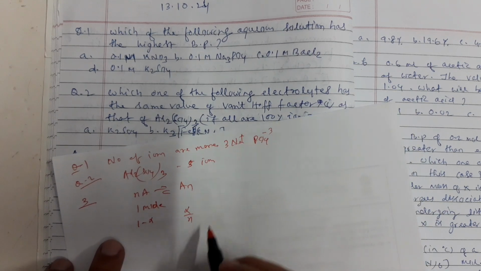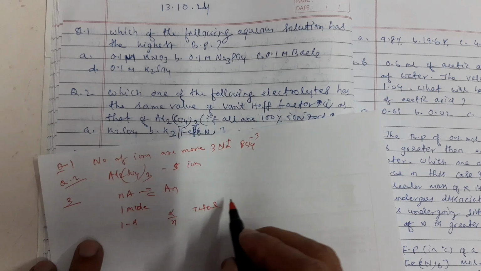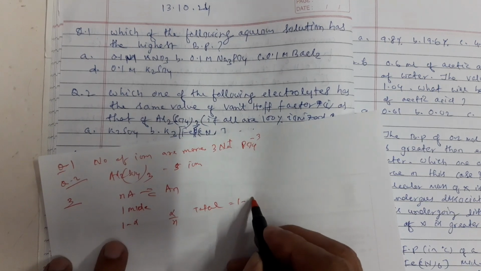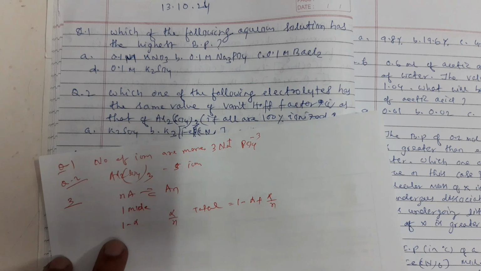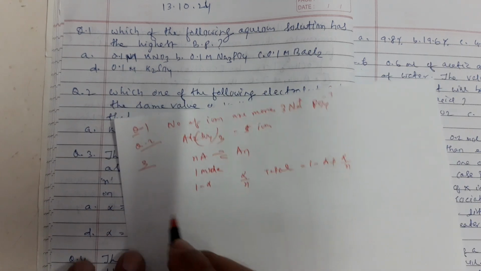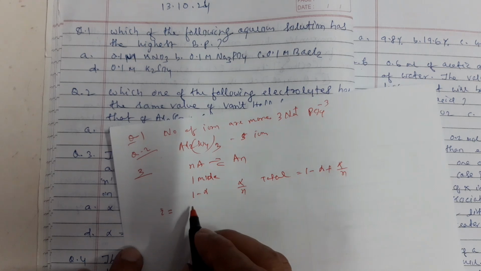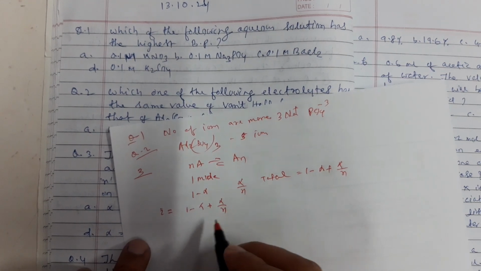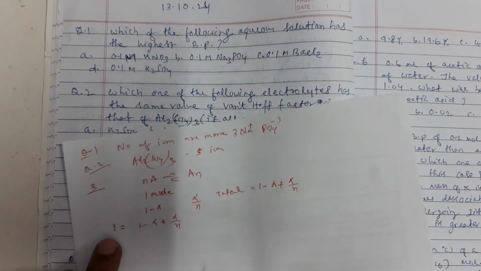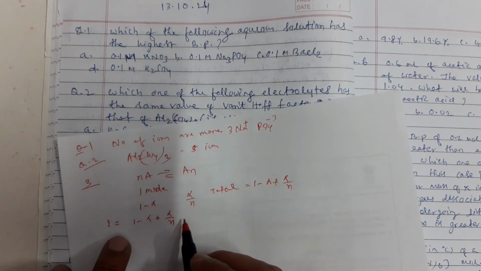So the total number of particles is 1 minus alpha plus alpha by n. That is i, the van't Hoff factor: i equals 1 minus alpha plus alpha by n. Now our function is to solve this.